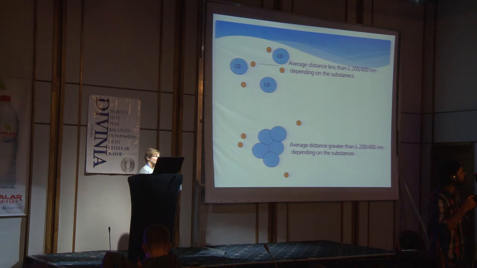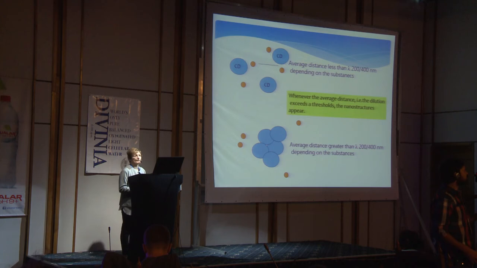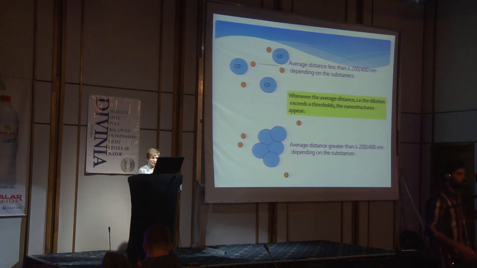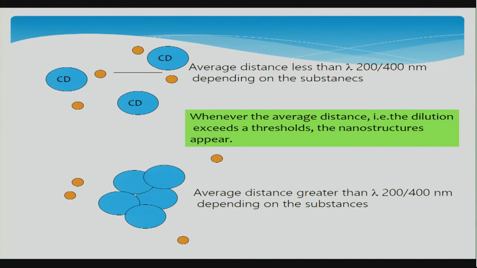Again, this is just a picture, to show that whenever the distance is less than a threshold, depending on the substance, the coherence domains are forced to aggregate in order to decrease the energy of the whole system. So whenever the dilution exceeds the threshold, nanostructures appear.